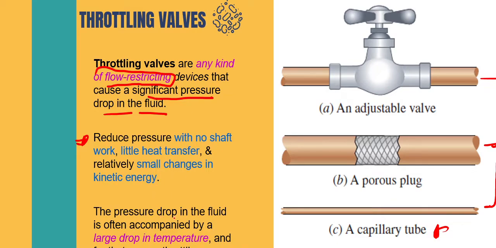The pressure drop in the fluid is often accompanied by a large drop in temperature, and for that reason, throttling devices are commonly used in refrigeration and air conditioning. You're going to learn about this in the next chapters. You're going to see the throttling valve again, usually used in refrigeration devices.